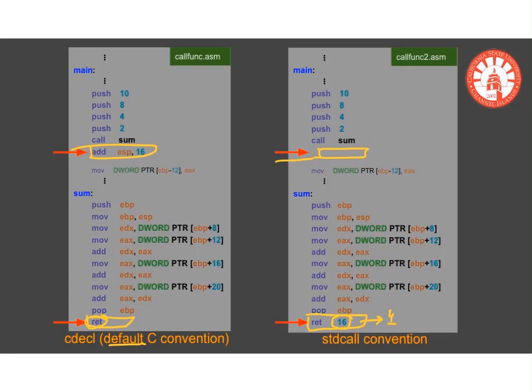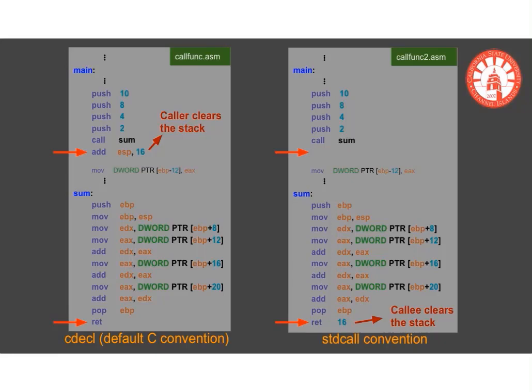And as you can see here, the function is responsible for clearing up the stack, whereas in the default C convention, the caller is responsible for clearing the stack. So these are the differences.